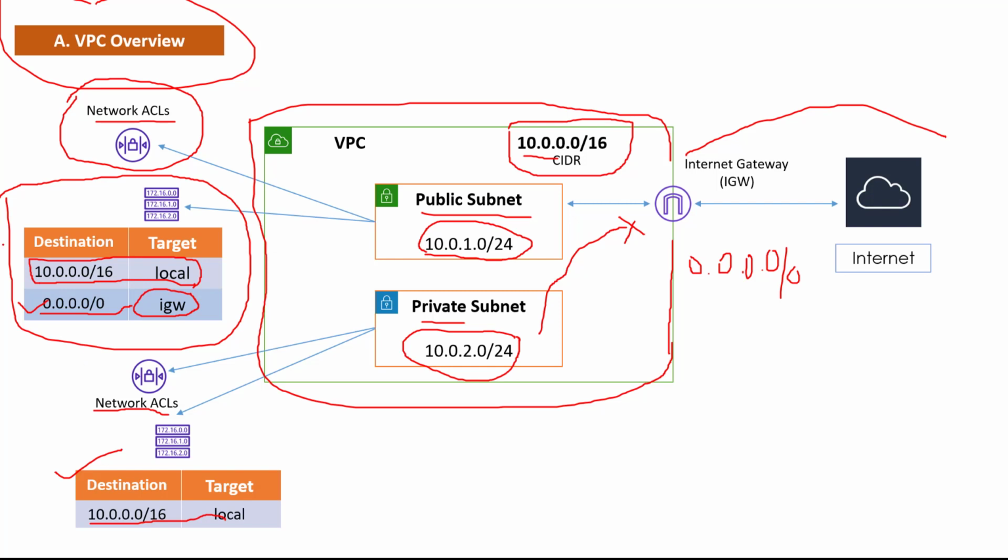So basically, NACL or routing table is associated with the subnet level, not the VPC level, but is attached to the VPC, but associated with the subnet level. So let's discuss what is a routing table, what is an ACL, what is an internet gateway, and how we can do this. But this is the overview of VPC.